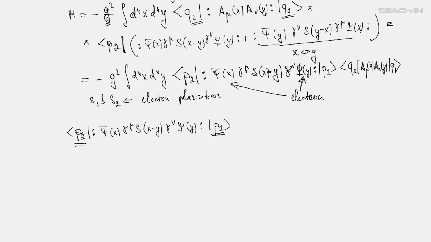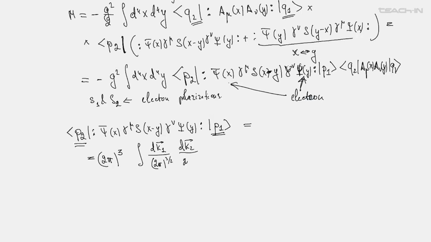And now when I substitute these electron operators, I will get two integrals. So integrals over the three-dimensional momenta K1 and K2, our standard normalization prefactors 1 over (2π)^(3/2).